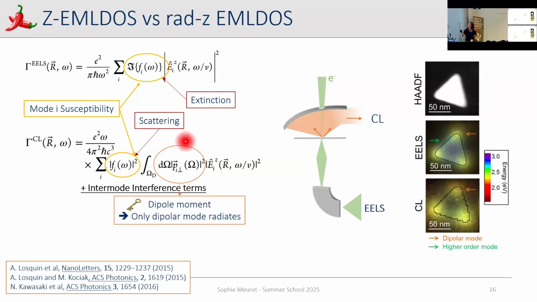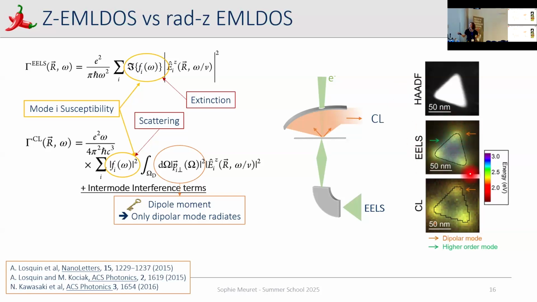So if, for example, you compare using the same microscope the same triangle here, so that's work from Arthur Losquin and Mathieu Kociak, where they were able to measure at the same time on the same nanoparticle the cathodoluminescence, so the light emitted, and the EELS for every position. And that's just a map of the energy depending on the position. You can see that for EELS, we see basically two different energies.